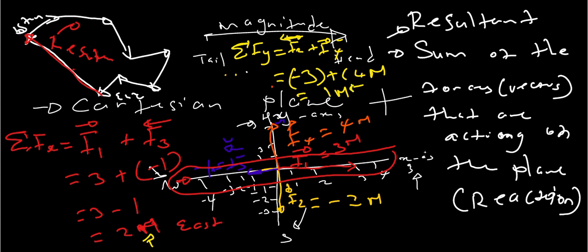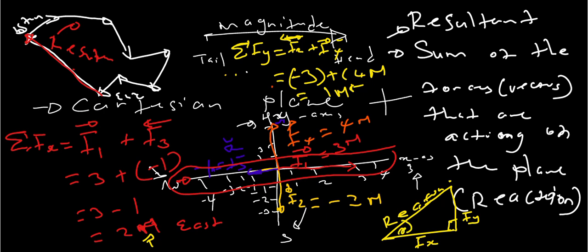When we want to find the resultant, we don't just add these two. We have a right angle triangle, with the horizontal forces and the forces on the y-axis. We're supposed to find the reaction, which is the resultant. We use Pythagoras since we don't have an angle here.